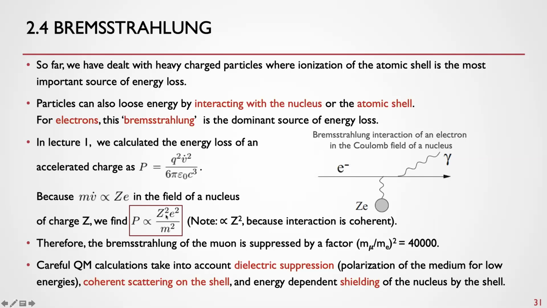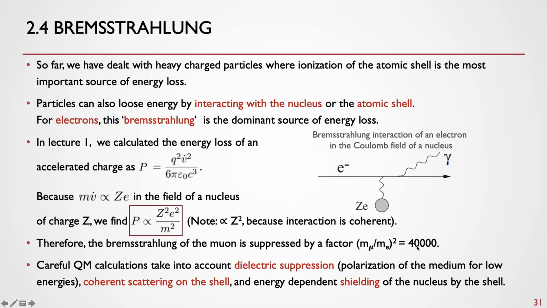Now, Bremsstrahlung grows with C squared, all right. The other thing is the acceleration is force divided by mass, and hence the rate of Bremsstrahlung, when you compare muons and electrons, differs by a factor of 40,000, because the muon to electron mass ratio is roughly 200 and it enters squared, so 40,000.